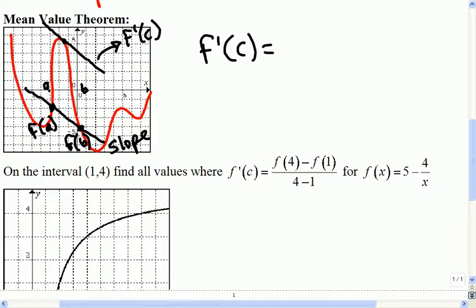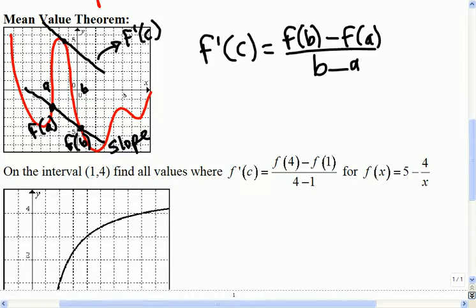So the slope formula would go f of b minus f of a all over b minus a. So that's the mean value theorem, and that's where it comes from. So having the picture in your head is good. It helps you remember what the theorem says. Okay, and we're going to try this in the next equation below.